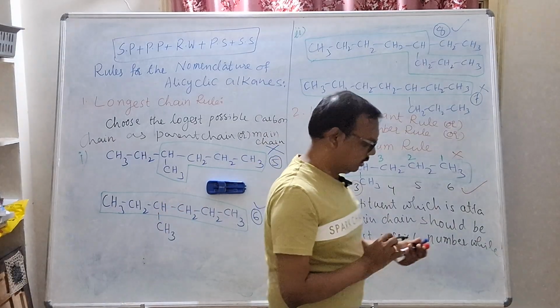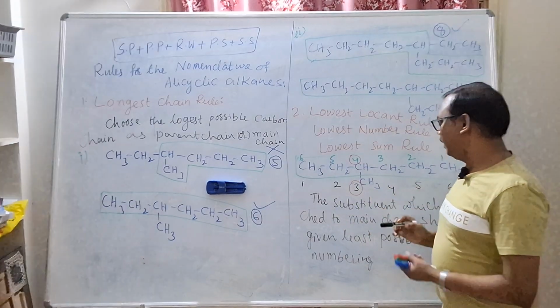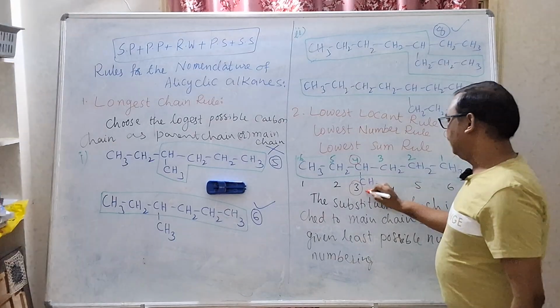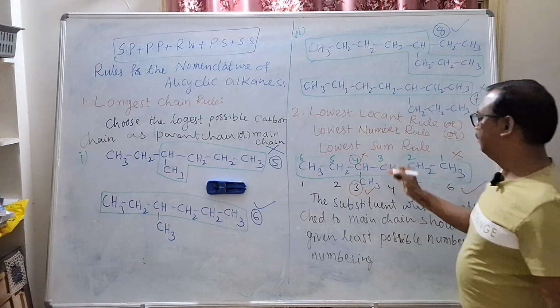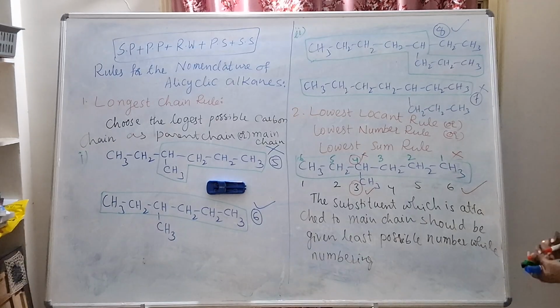Okay, consider that, all of you. Now here the least possible number is 3 rather than 4, therefore 3 is correct, 4 is wrong, because the lowest possible number you have to get. Therefore you can say that.